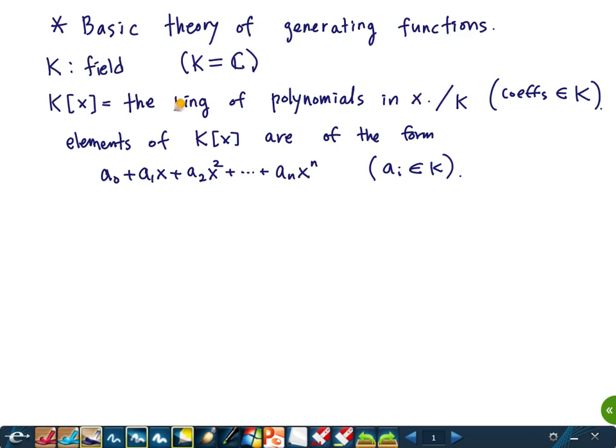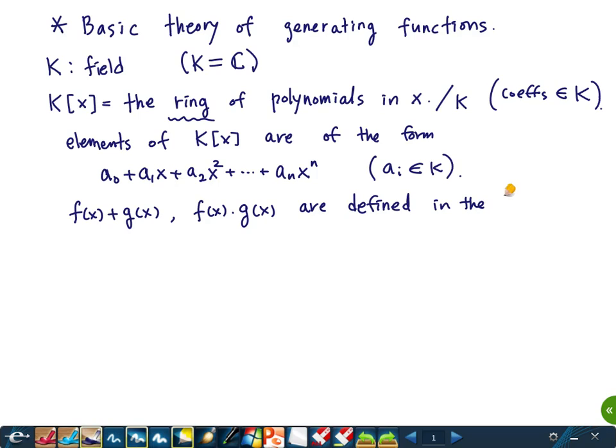But I wrote here that it is a ring. So the ring means we have two operations, addition and multiplication. And addition and multiplication of f of x and g of x are defined in the usual way.